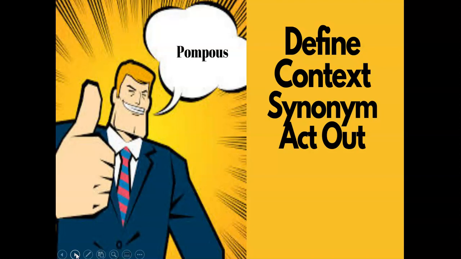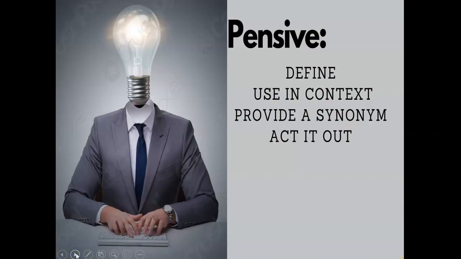So let's say that the students landed on pensive. Define, use it in context, provide some synonyms, act it out if you want to. It's a great, fantastic way to learn vocabulary and really augment vocab.